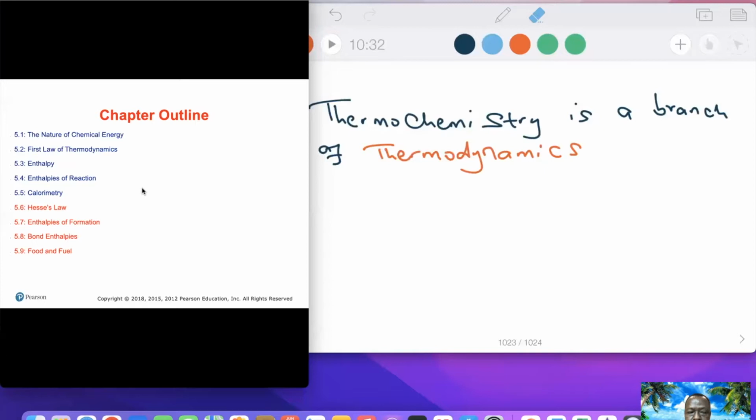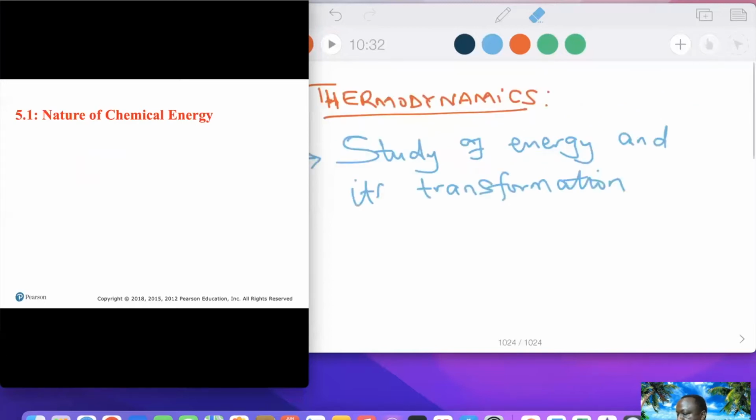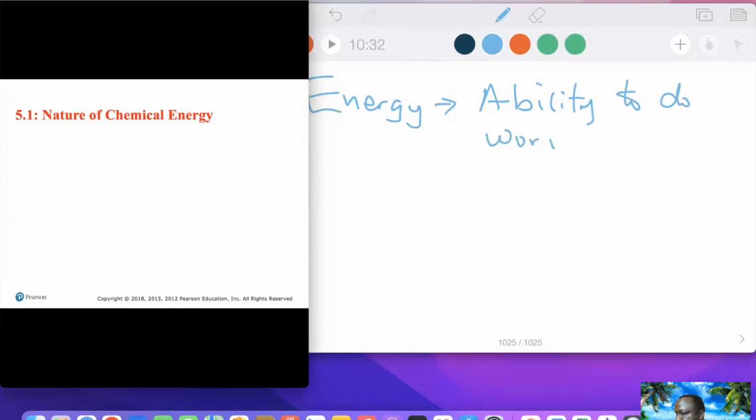Let's see, in 5.1, we will look at the nature of energy. Remember, energy, all right, energy is simply the ability to do work. All right. Sometimes this is defined as the capacity to do work. It still means the same thing.